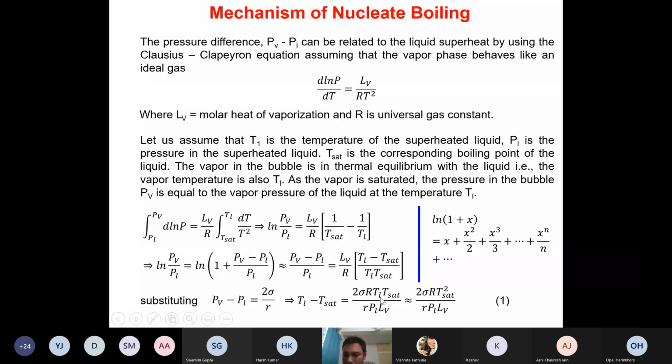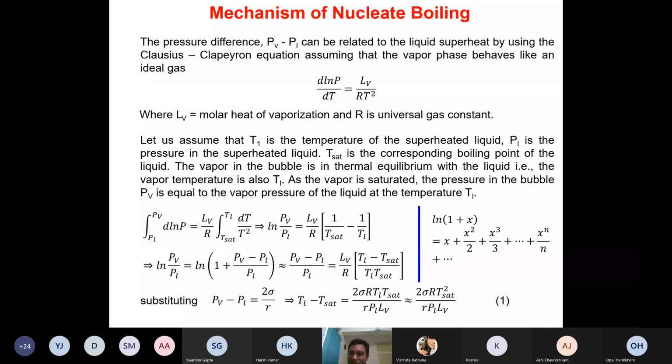For water, TL is going to be around 105, 106, something like that, and Tsat is going to be around 100, isn't it? So if I just assume only Tsat instead of TL in the multiplication, it is not going to make much difference in my values, isn't it?